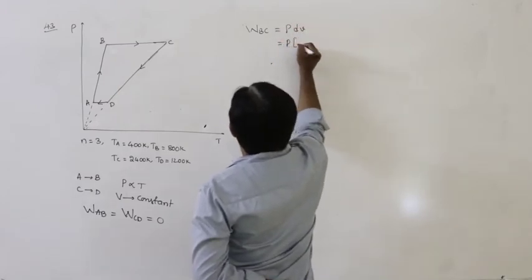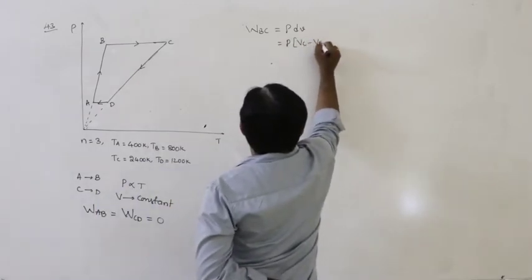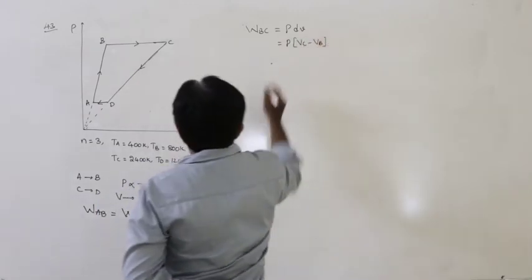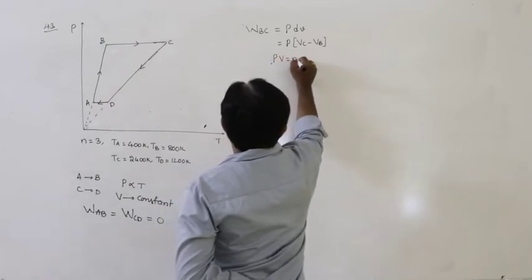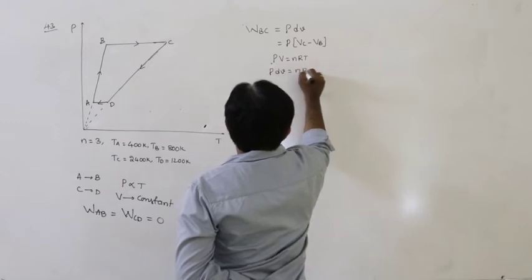So the pressure into dV is nothing but Vc minus Vb. But we know PV is the same as in the previous problem, so P dV is equal to nRT.